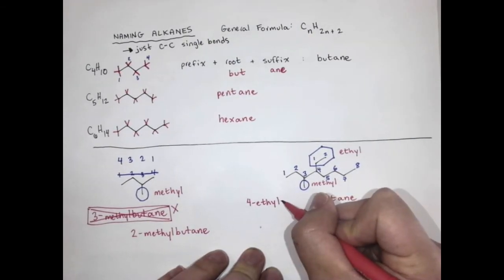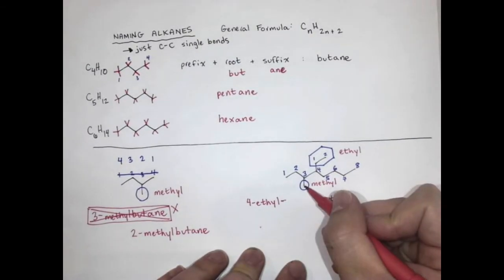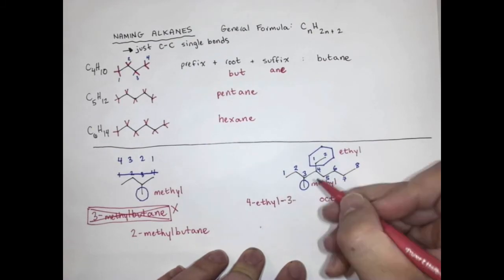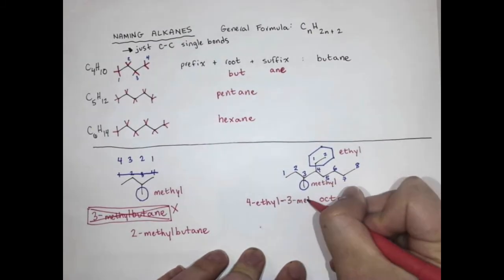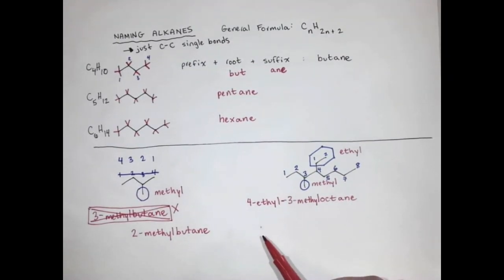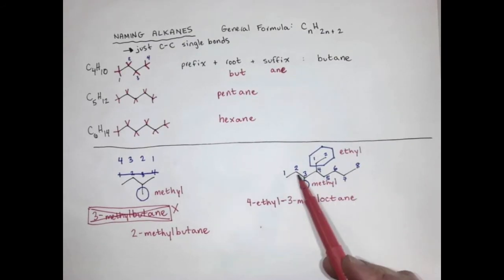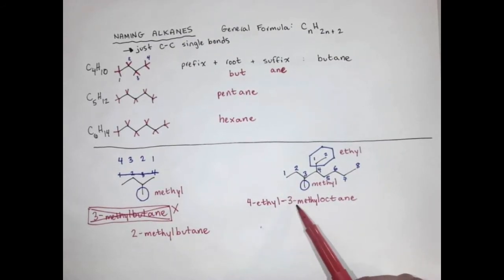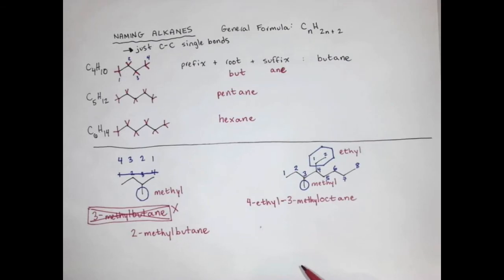After the ethyl group, I write another hyphen, and I write 3-methyl octane. So there's the IUPAC name for this organic compound. It'd be 4-ethyl 3-methyl octane. It's a mouthful.